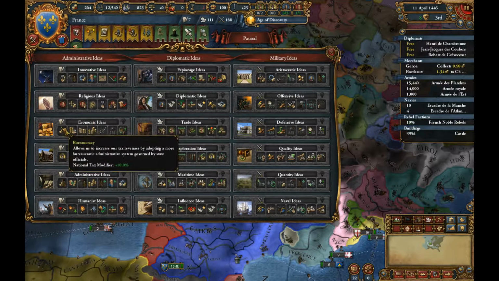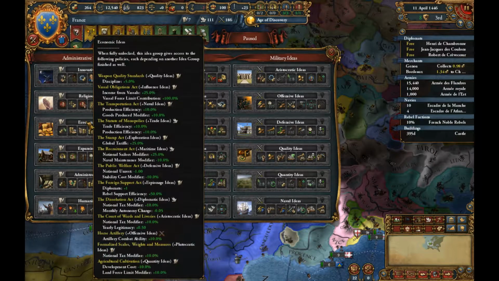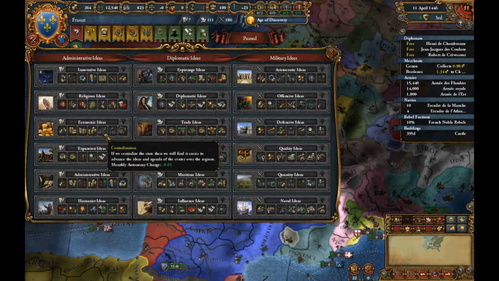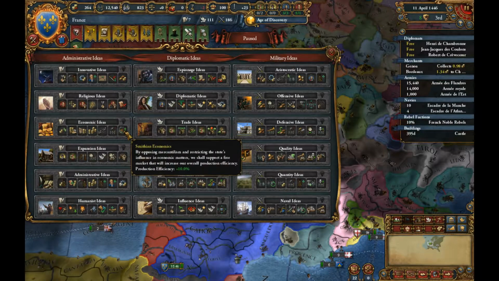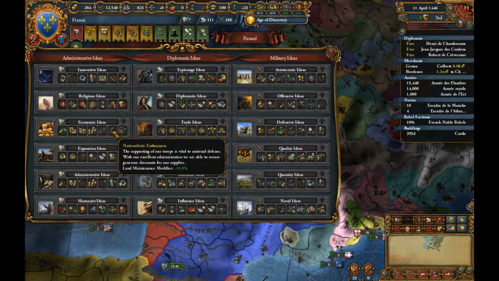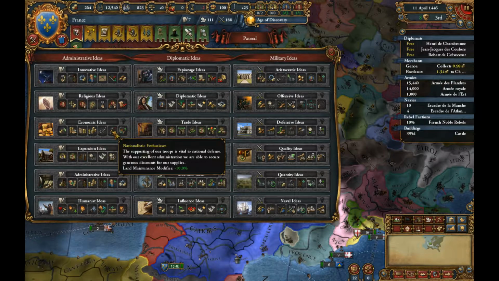You have, for example, the economic ideas. If you have a really bad economy, you can take them. They get you an additional 10% national tax modifier, production efficiency is higher, and the land maintenance, troop cost cut, for example, is one thing to do.